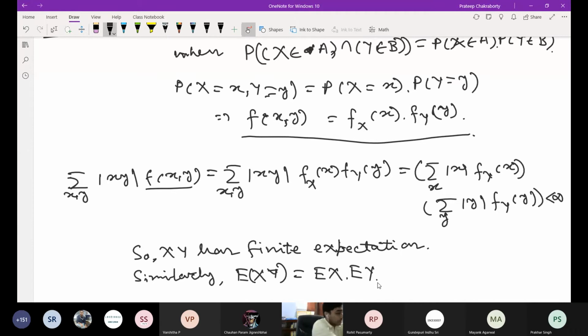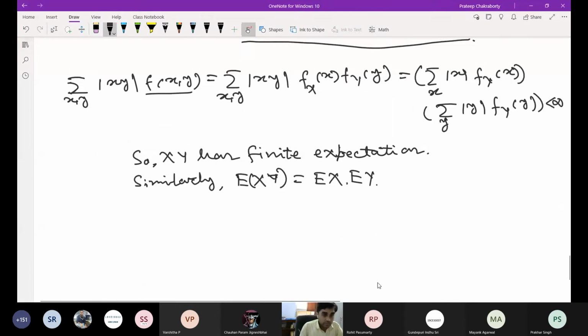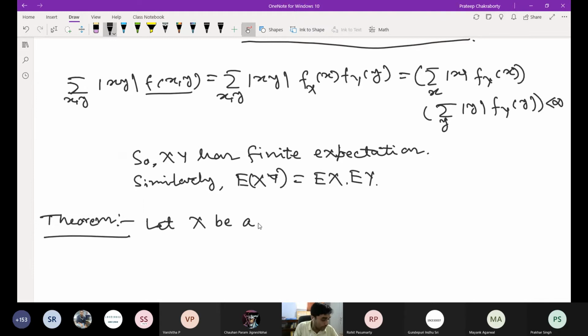Any questions? There is another theorem which might be important, so I am also stating that theorem. We actually need these things to prove the expectations of many random variables. Let X be a non-negative integer valued random variable.